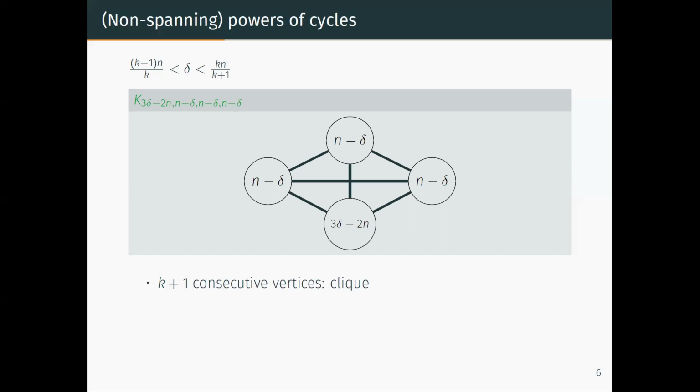Because every 4 consecutive vertices must form a clique, any cube of a path or cycle will go through all 4 vertex classes in turn. So what we are constrained by is precisely the size of the smallest set over here.